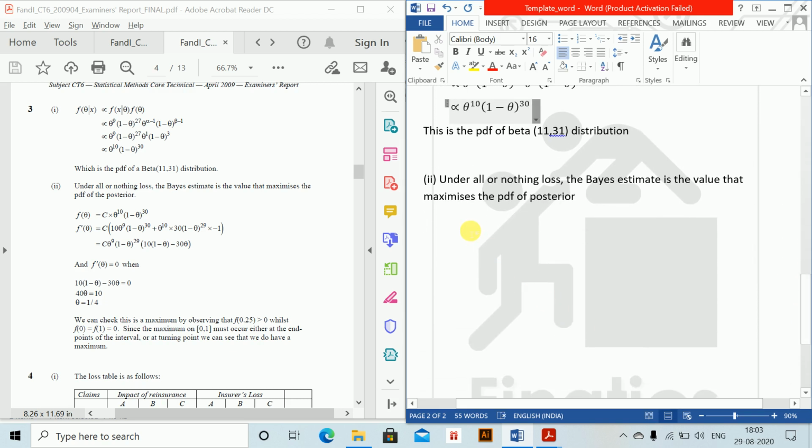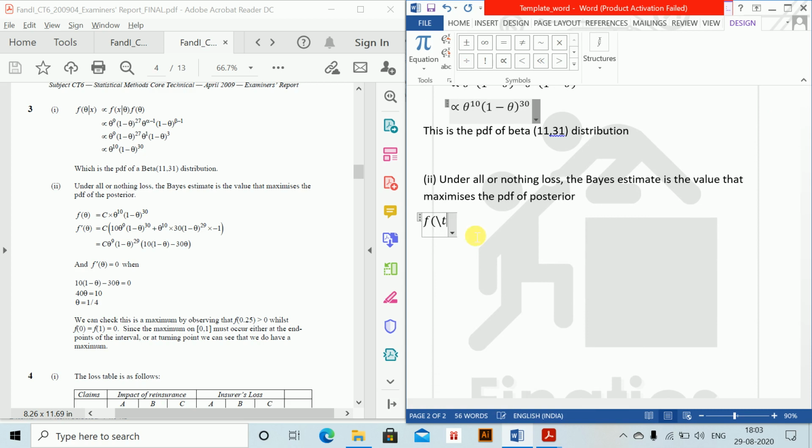So therefore f of theta is equal to c into theta to the power 10 into (1 minus theta) to the power 30. Okay, so differentiating this, f dash theta is equal to, I am again not writing this, I'll just copy paste this so that I don't have to write every time.